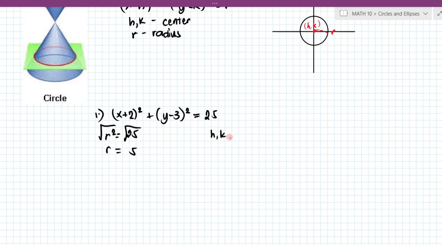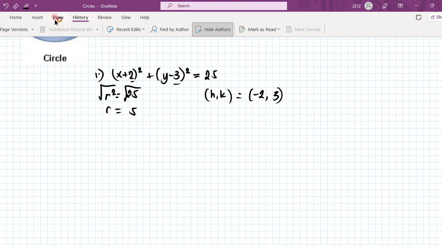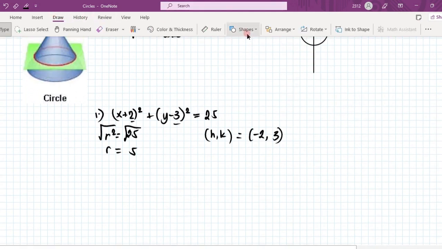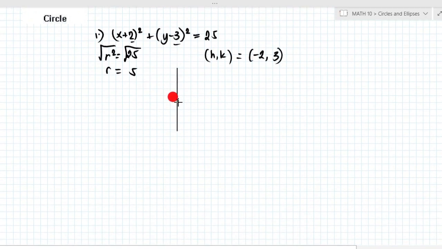Then our h and k, or our center, is the opposite sign of these two. So we have -2 and +3. Because we have those, we can now start graphing our circle. Draw a Cartesian plane.